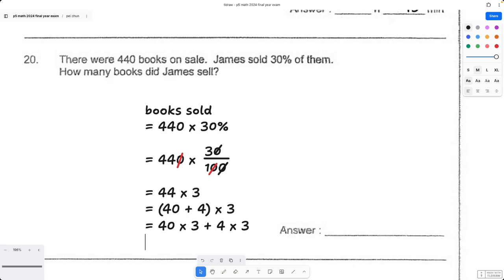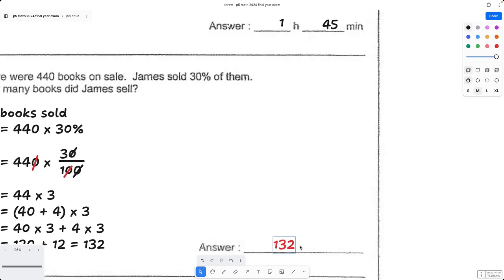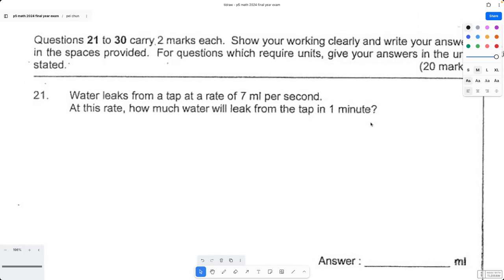That is 120 plus 12, which is 132. So the answer to this is 132. Let's move on to question 21.